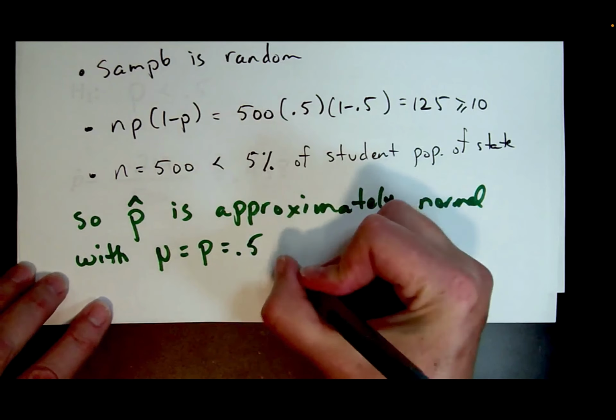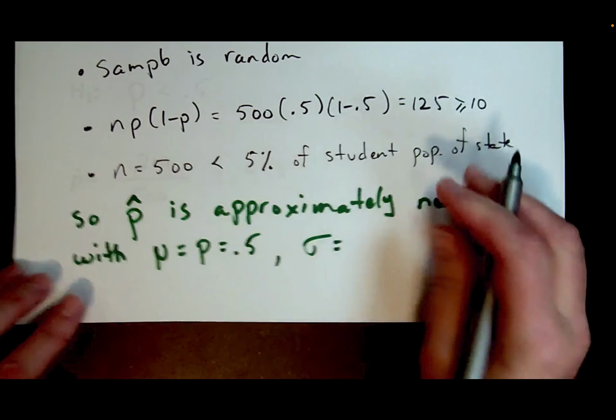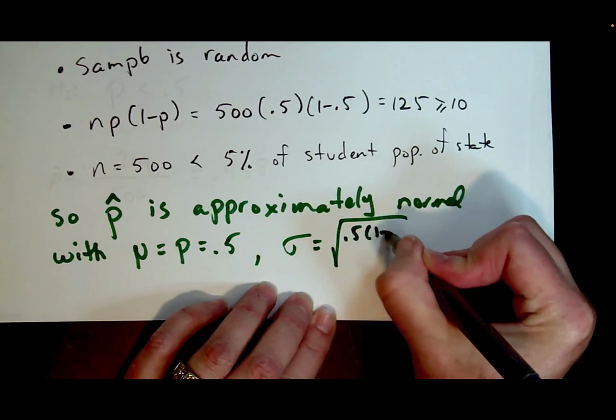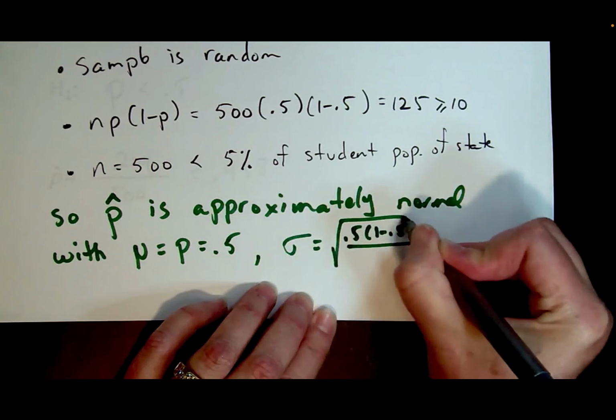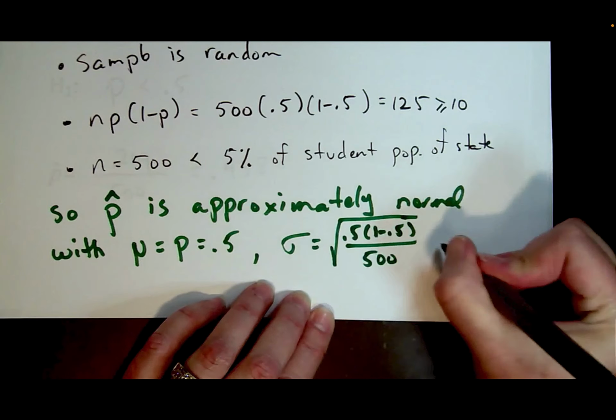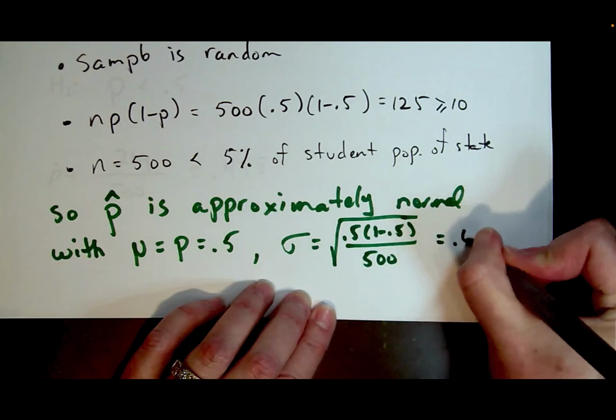And the standard deviation, that's going to be the square root of p times 1 minus p divided by the sample size. Okay, and that works out to be 0.022.